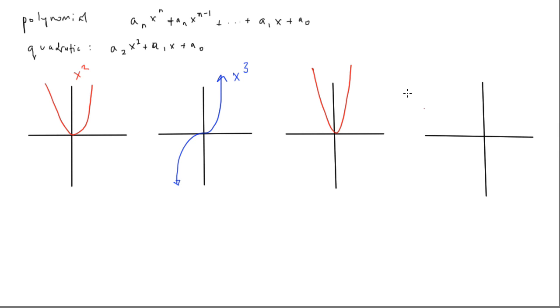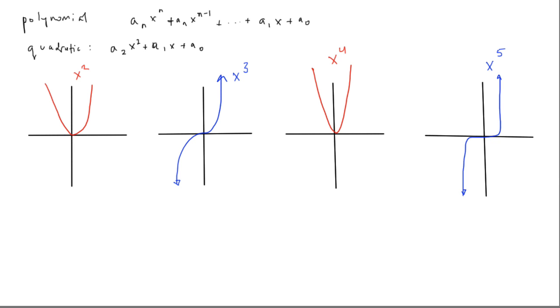So this would be something like x to the fourth's graph. And then odd powers look a lot like x cubed, except they get really skinny through here and then go up. So it's just an exaggerated version of this x cubed graph.